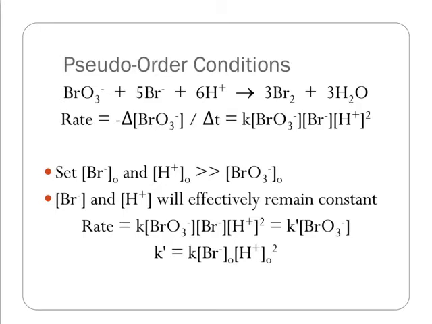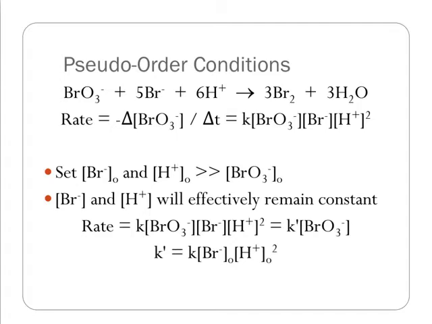So instead of having 3 variables, it's going to reduce down to being a monovariable problem where only the bromate concentration is effectively changing, because now the bromate is the quarter in my monetary analogy I was just making. So as the bromate goes away, there's going to be a noticeable change in its concentration relative to its low concentration. So I can do this.